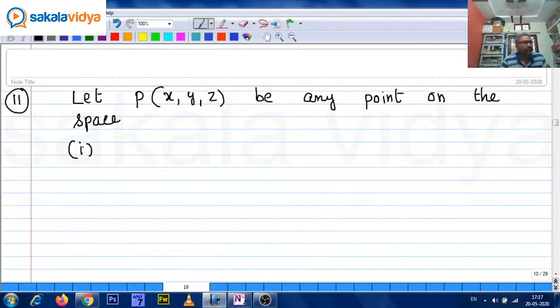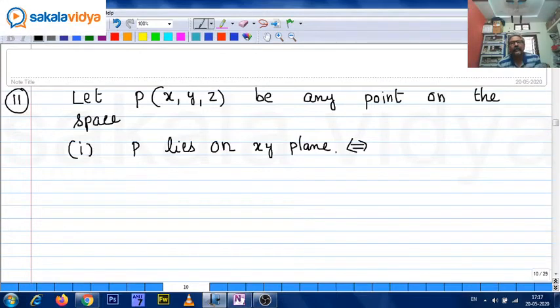now the first option. For example, P lies on the XY plane, because in space we have different planes. Understood now? If P lies on the XY plane, the Z coordinate is absent, so Z is equal to 0.